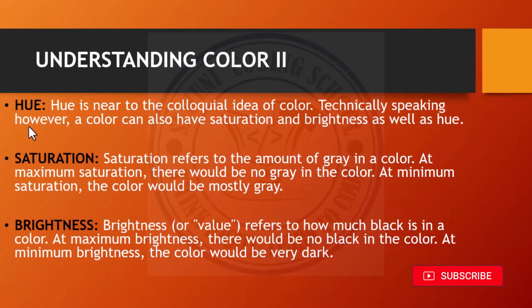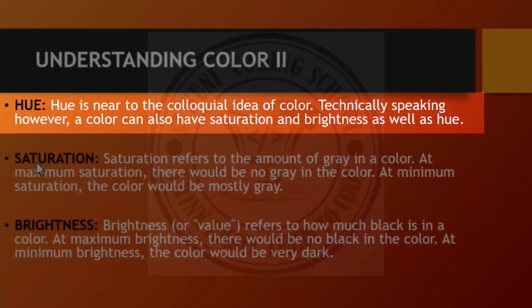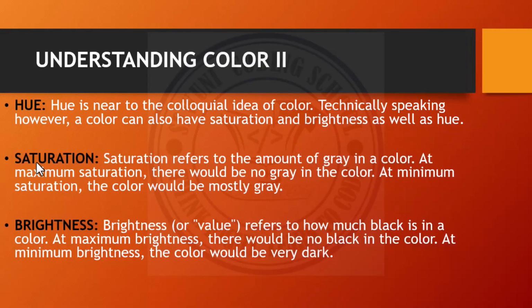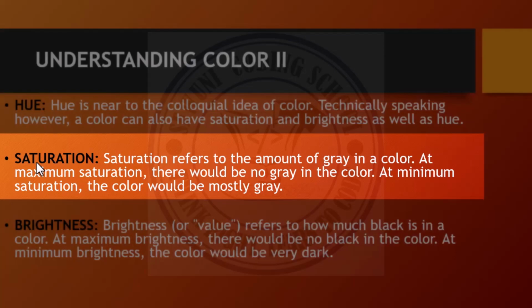What is HSL? It stands for hue, saturation, and brightness. Hue simply means color. Technically speaking, a color can also have saturation and brightness as its hue. When we say saturation, it's just the amount of gray in a color.